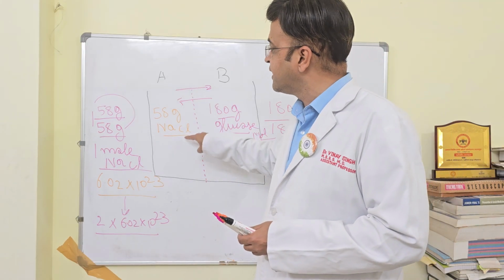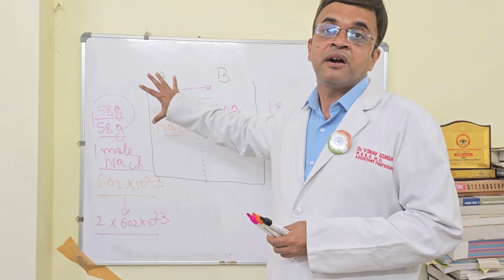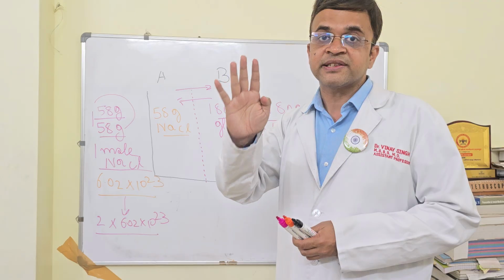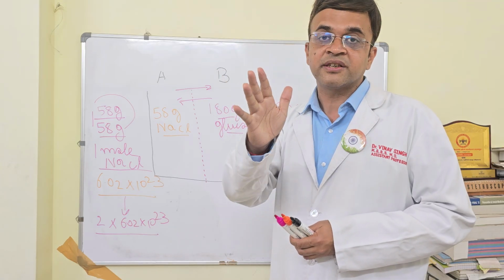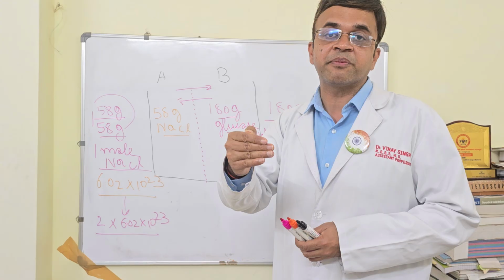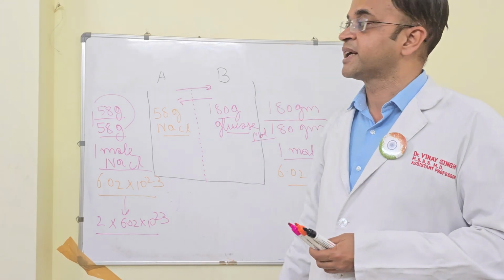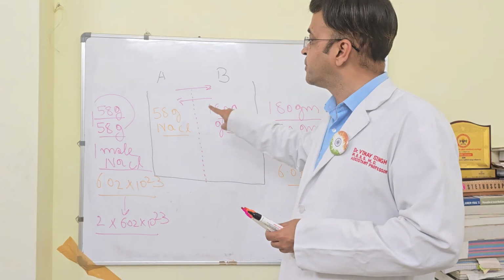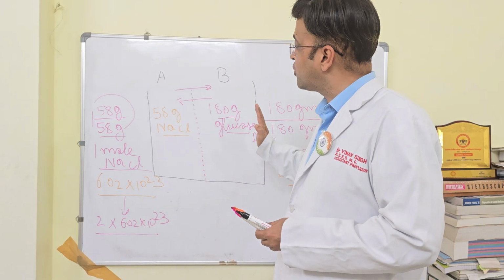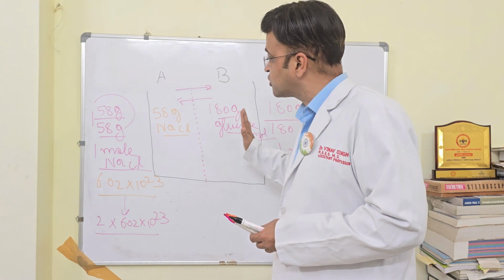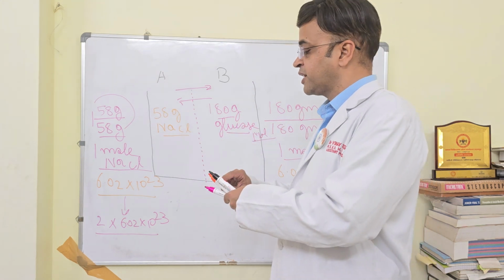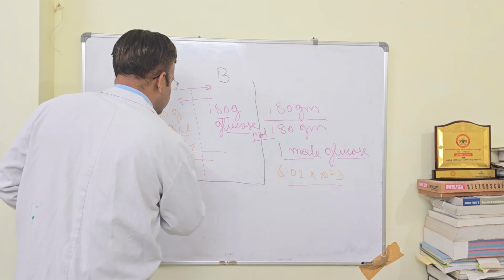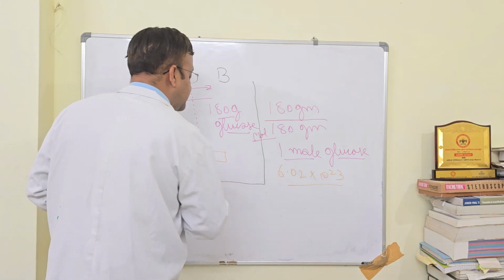Since in A we have a higher number of particles, and osmosis, the movement of the solvent, always happens from lower osmotic pressure to higher osmotic pressure, and this side has twice as many particles compared to B, the final answer is that the movement will happen from B to A.